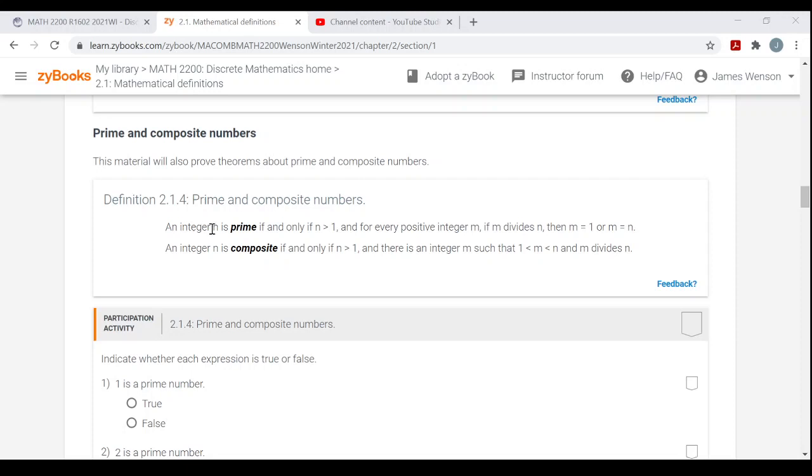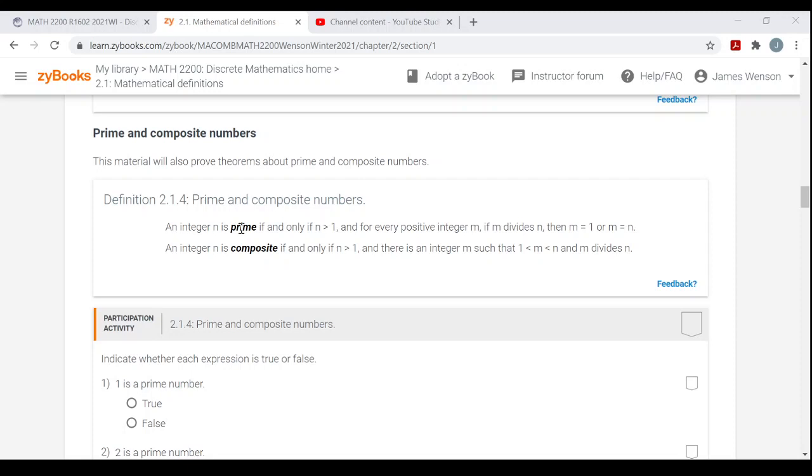An integer n is prime if and only if n is greater than 1. Okay, so 1 is not prime. Get that in your head right now. 1 is not prime. And neither are negatives, right? These are numbers that are 2 or greater. Integers that are 2 or greater.